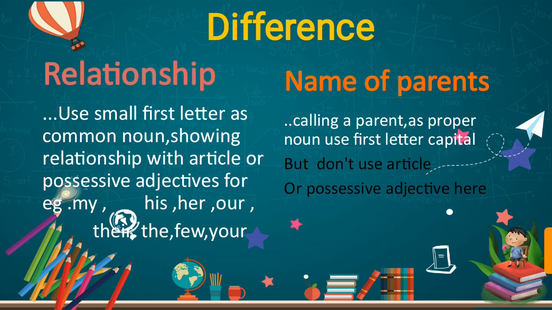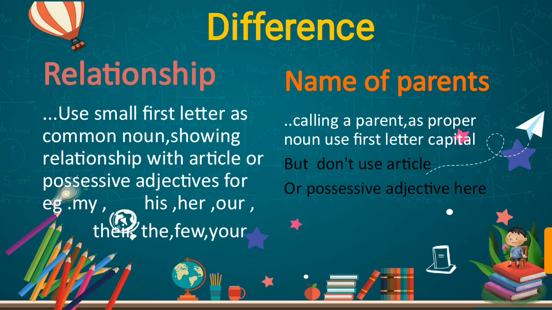And that difference is not only for the names or the relationships of mother and father in the English language. Whether we say it in Urdu like Ammi, Abba, Abu, or in any other language like Hindi, Ma, or something like that, we must be clear that when we write the word with a capital letter, it is used as a proper noun which can be replaced with that person's name.